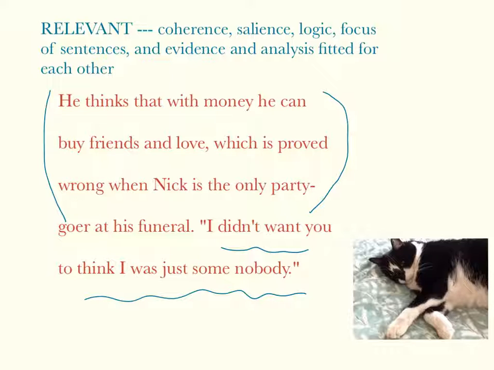So Nick being the only party goer at his funeral and trying to buy friends and love to prove something to Daisy just hasn't yet been achieved here as relevant and clear. So the link between the evidence and the analysis here is not yet clear. It's linkable, it's just not done yet.